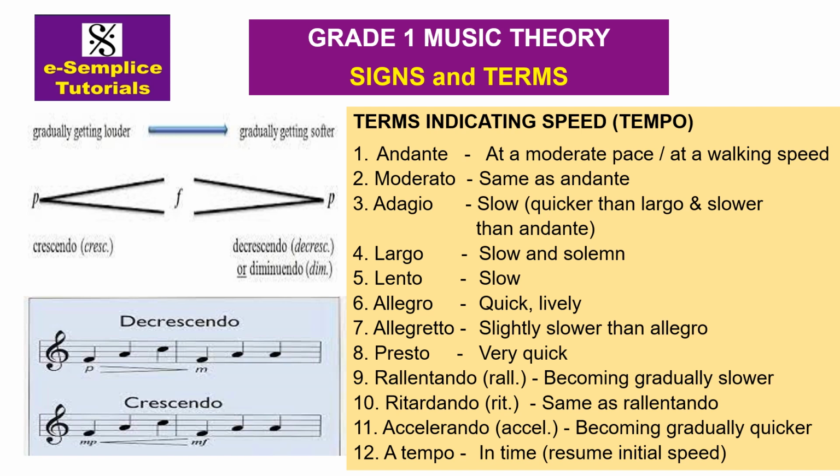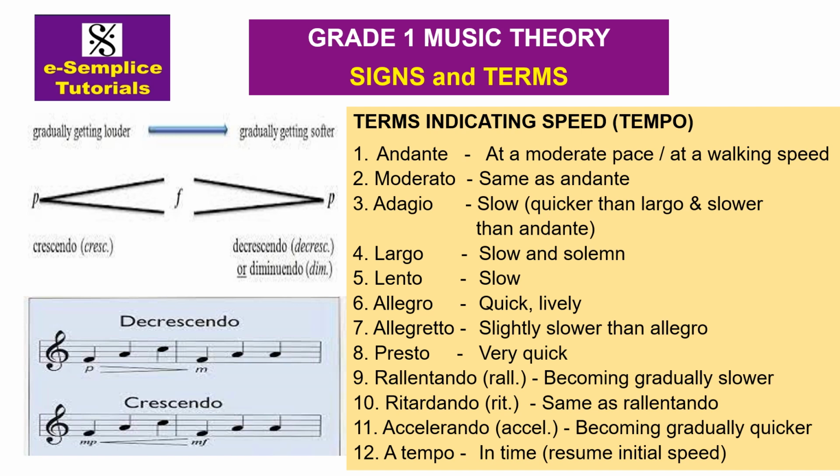We now come to terms indicating speed or tempo. The first one there is andante, at a moderate pace or at a walking speed. Moderato has the same meaning as andante. Adagio, slow, quicker than largo and slower than andante.